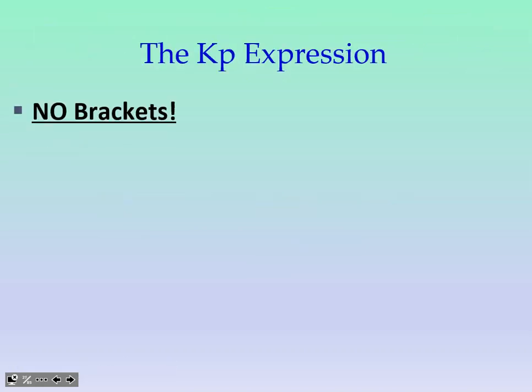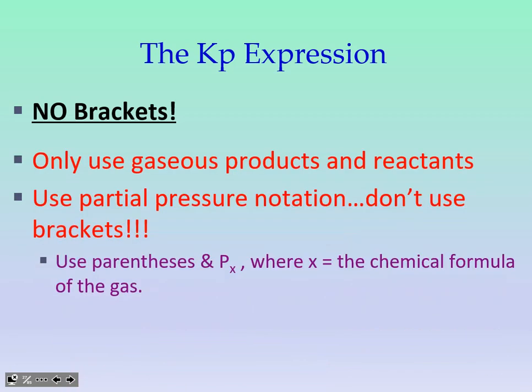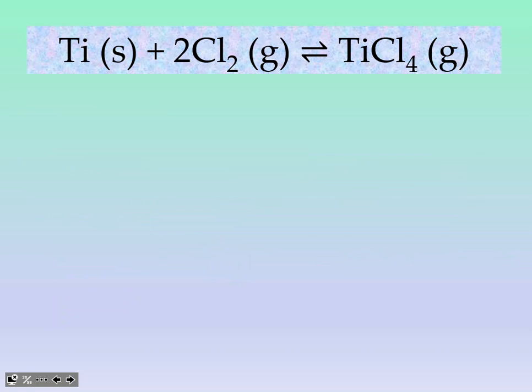Now let's talk about Kp, no brackets, only use gaseous products and reactants. Remember, no aq here. Only things that exert pressure are going to be gases, so those are the only things you would put in these. Partial pressure notation, P of X, make sure you do that. So let's go ahead. What is the expression if we were looking for Kp for this one?